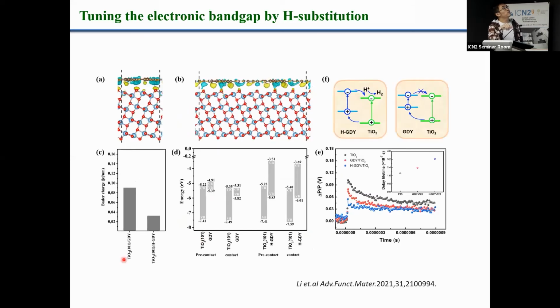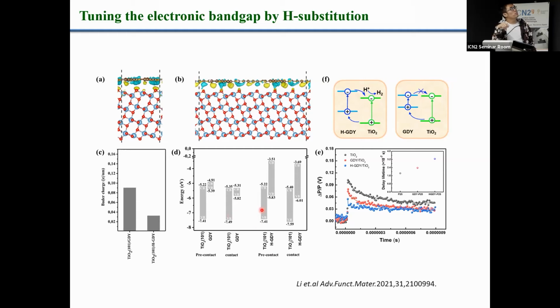Next, DFT was used to calculate it. Here for graphene combined with TiO2, we can see the energy level difference is very small, so it's not good for charge transfer. But for H-graphene, this is a test for different facets of TiO2.